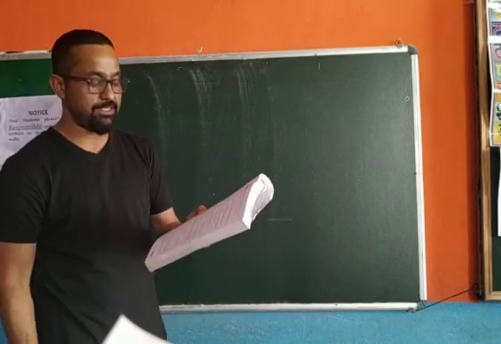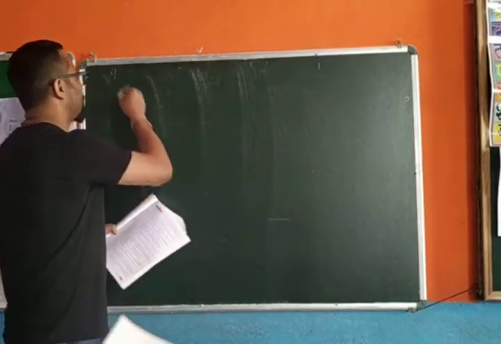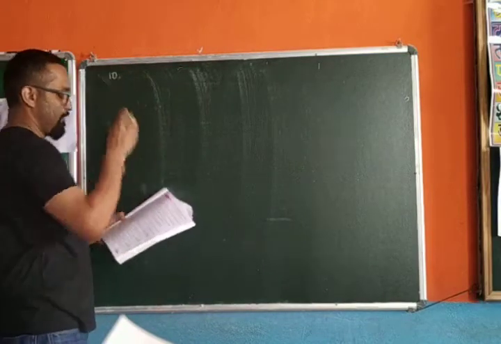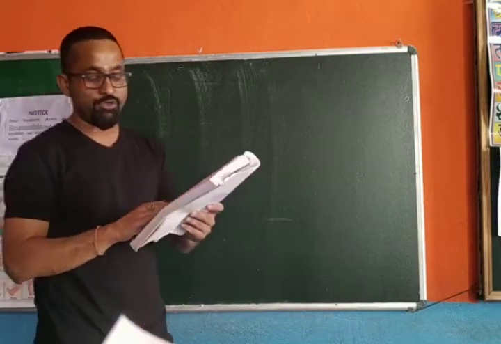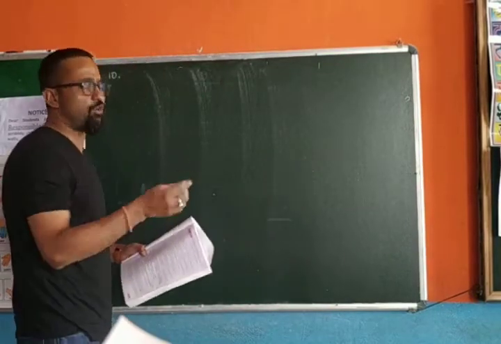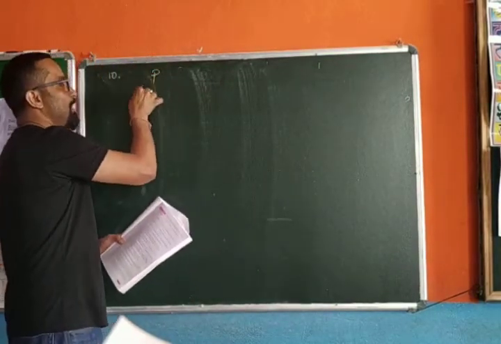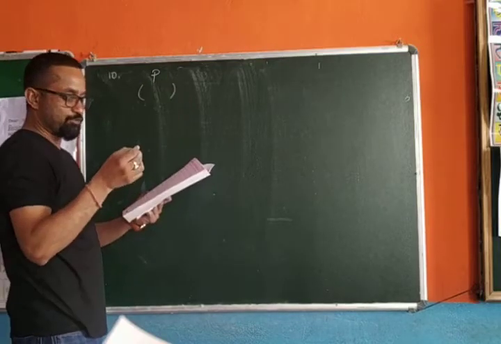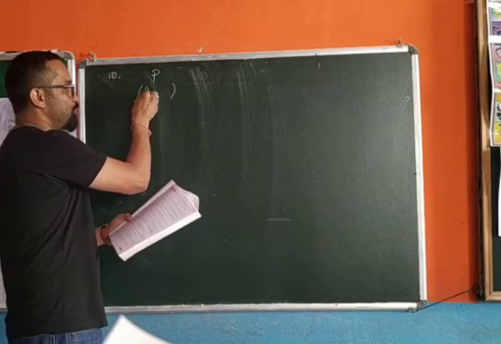Question number 10 had come in ICSE 2000. I'll do this question also. The question says, write down the coordinates of the image of the point. The name is not given, so you can assume. Let P equal to 3, -2.